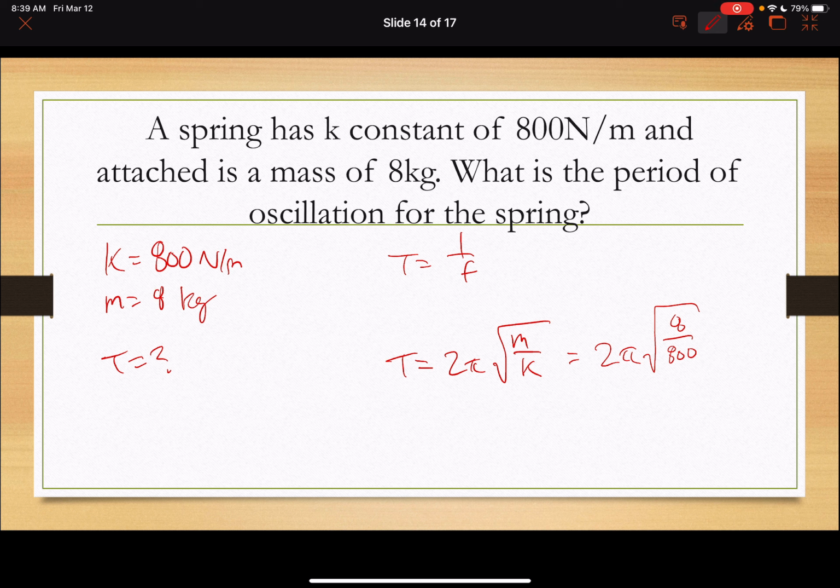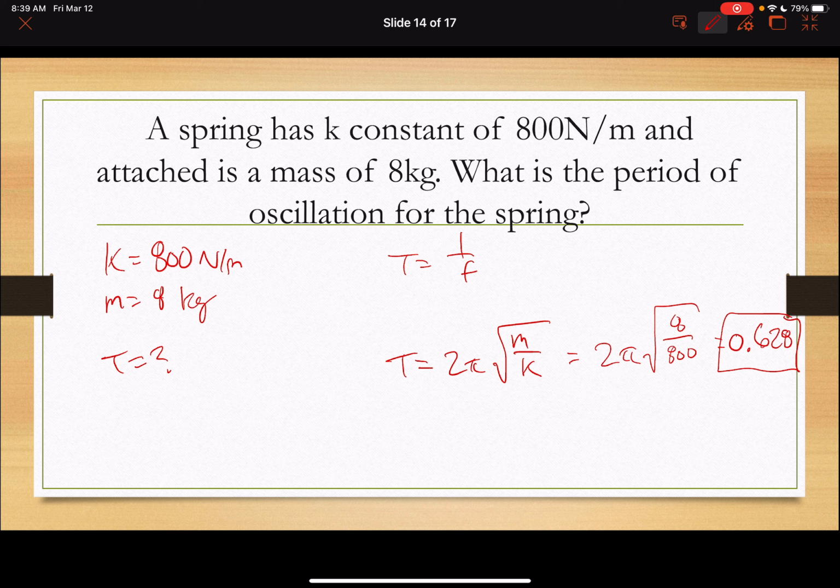So 2 pi times the square root of 8 divided by 800. And I get 0.628. And that sounds right to me.